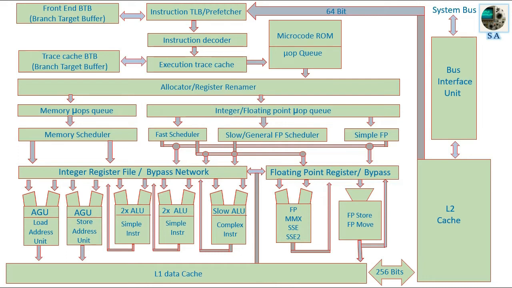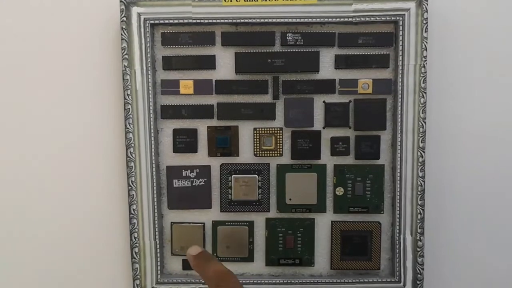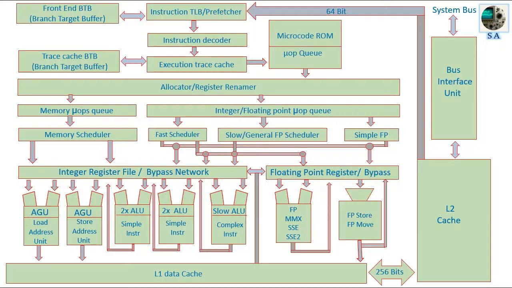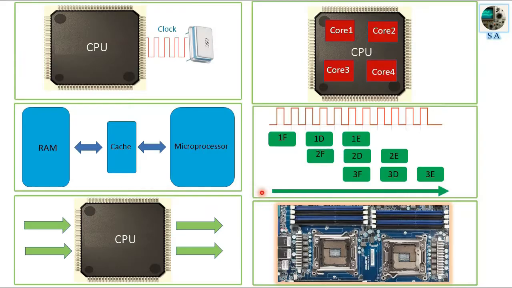When we move to a newer processor, the Pentium 4, we clearly notice the amount of complexity added to microprocessor circuitry over the years. Newer processors started implementing a number of techniques to improve performance.